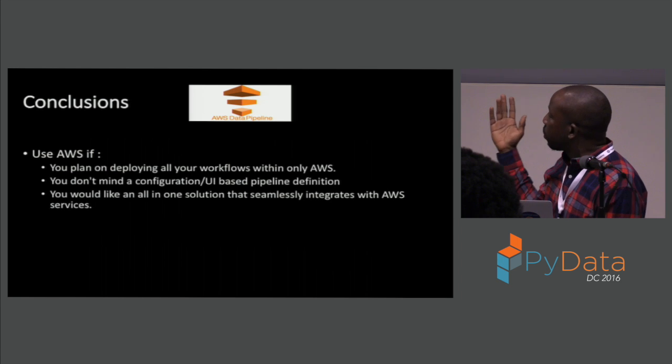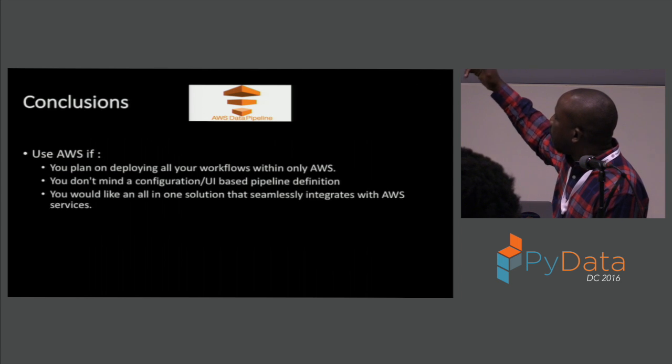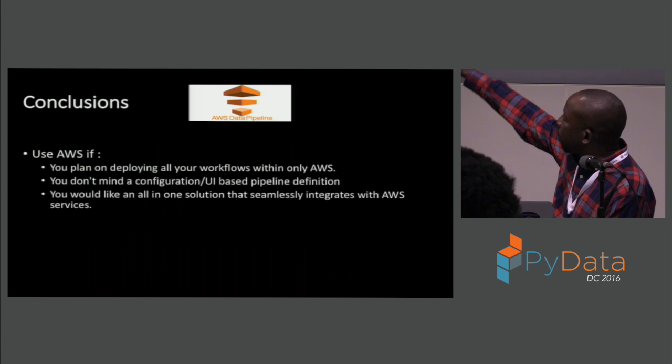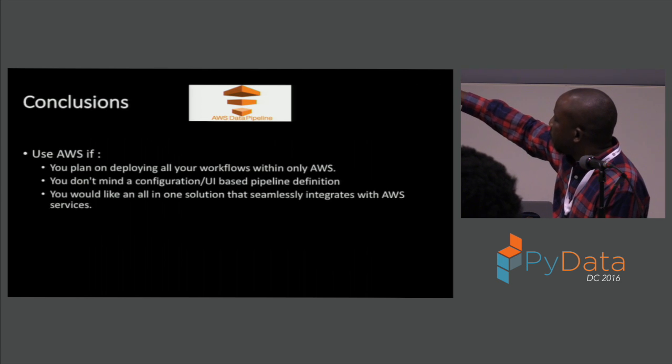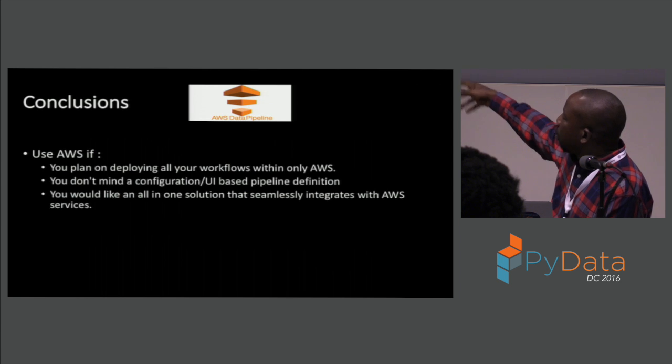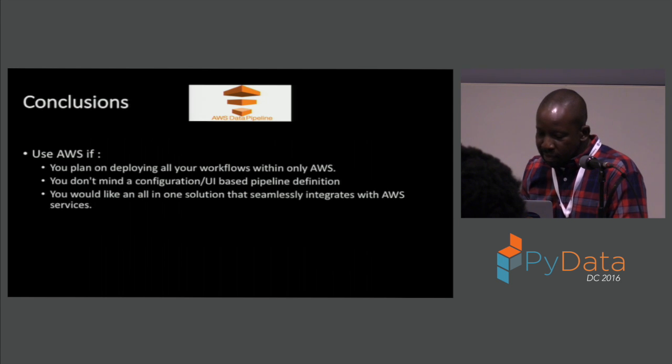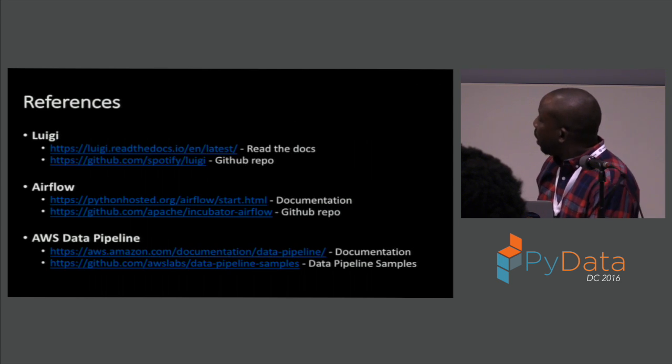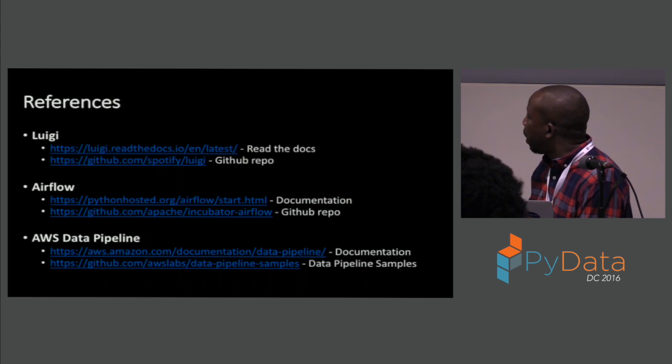AWS, if you are totally sold on having everything in AWS, you don't mind configuration and a UI-based pipeline solution, and you would like an all-in-one solution that seamlessly integrates with AWS services. And here are some references out there.